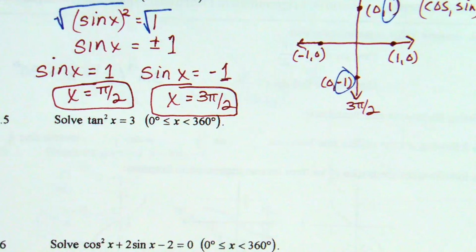Tan squared x equals 3. So we're going to square root both sides. The square root of tangent squared is tangent x. The square root of 3? Officially, I need to say plus or minus the square root of 3.